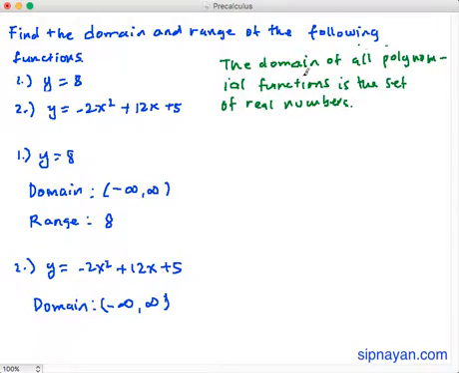So pag na-identify mo na polynomial function yan, ibig sabihin yung domain niyan is from negative infinity to infinity.